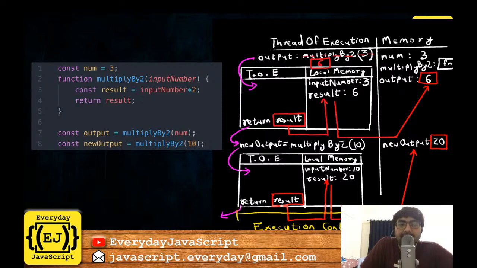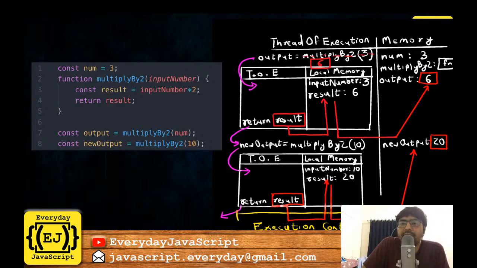We had this particular program and we had our global execution context, which is a combination of thread of execution and memory. It started executing, and as soon as it encountered the first function to be executed on line number 7, that is multiplyBy2, it weaved into an execution context which was local to that function.